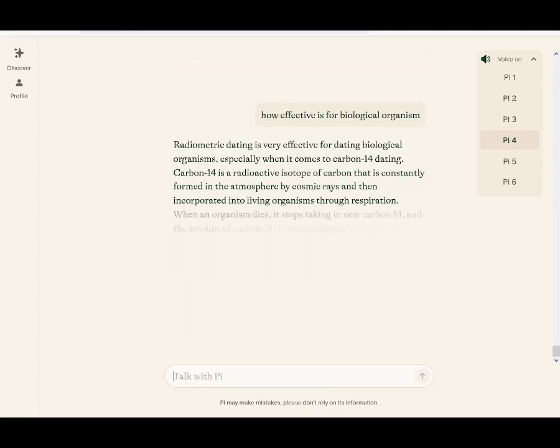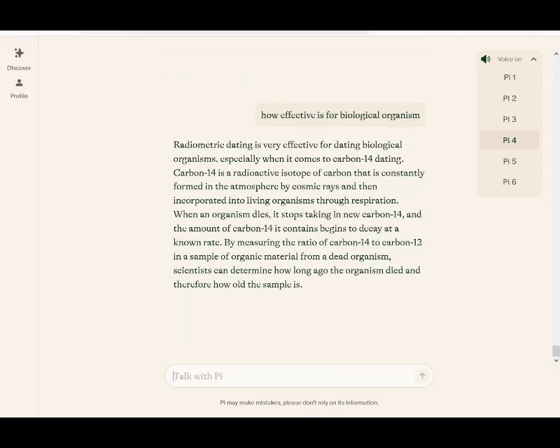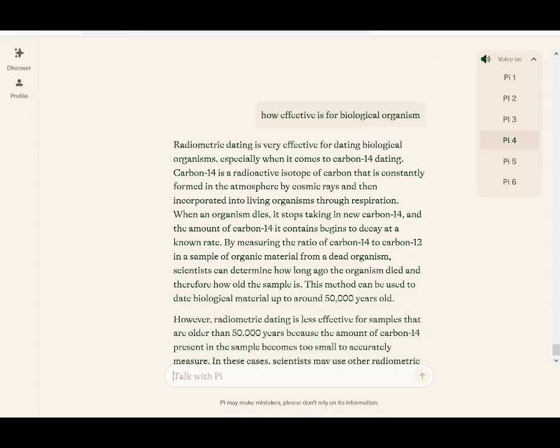Radiometric dating is very effective for dating biological organisms, especially when it comes to carbon-14 dating. Carbon-14 is a radioactive isotope of carbon that is constantly formed in the atmosphere by cosmic rays and then incorporated into living organisms through respiration.